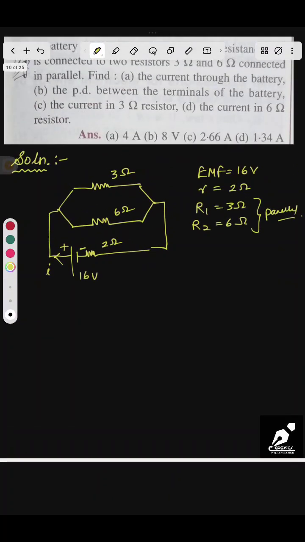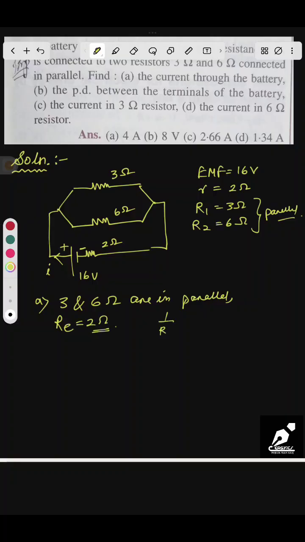So getting to question number 1, let us in the beginning solve for the equivalent resistance of the circuit. Now there is a shortcut. If 3 and 6 ohm are in parallel, the equivalent resistance is always equal to 2 ohm. How?